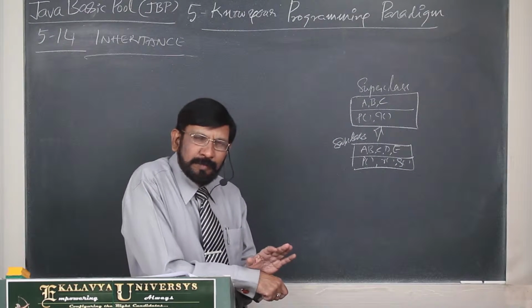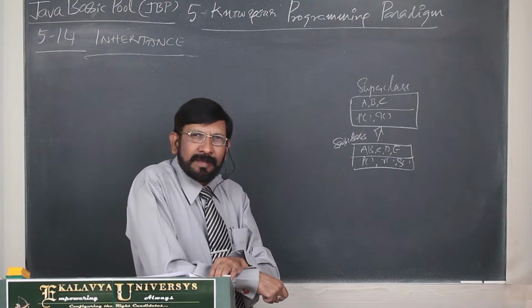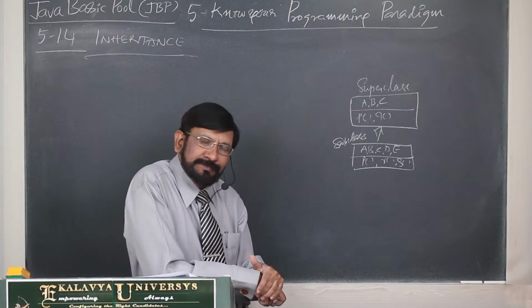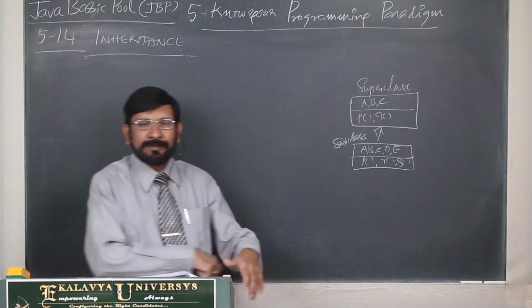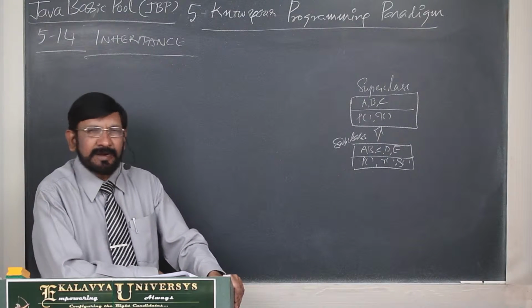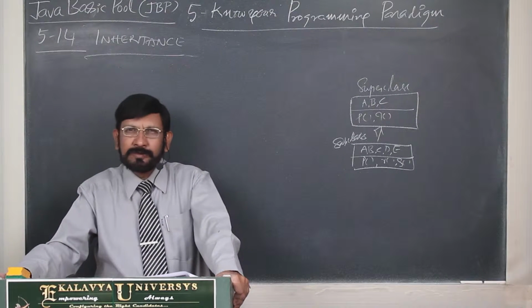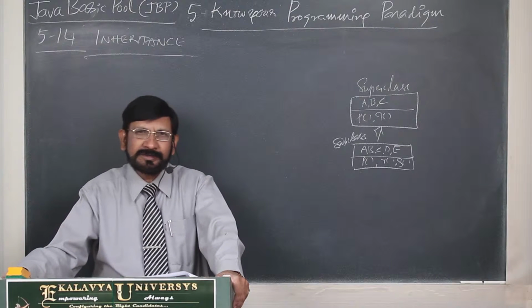If you want to develop any system, you can develop it from scratch, or otherwise you can adopt this method of inheritance. If you develop anything from scratch, what are the problems involved? Obviously, you have to spend more time, more experimentation, more cost.